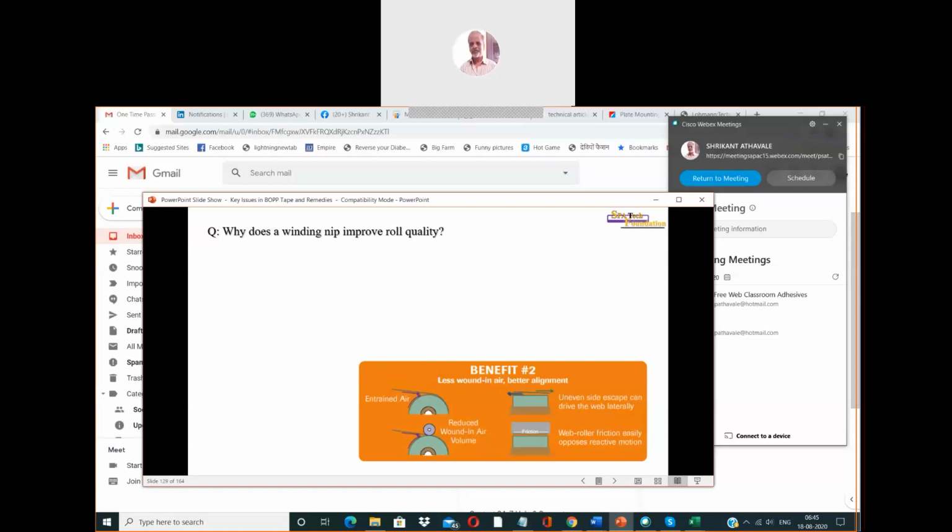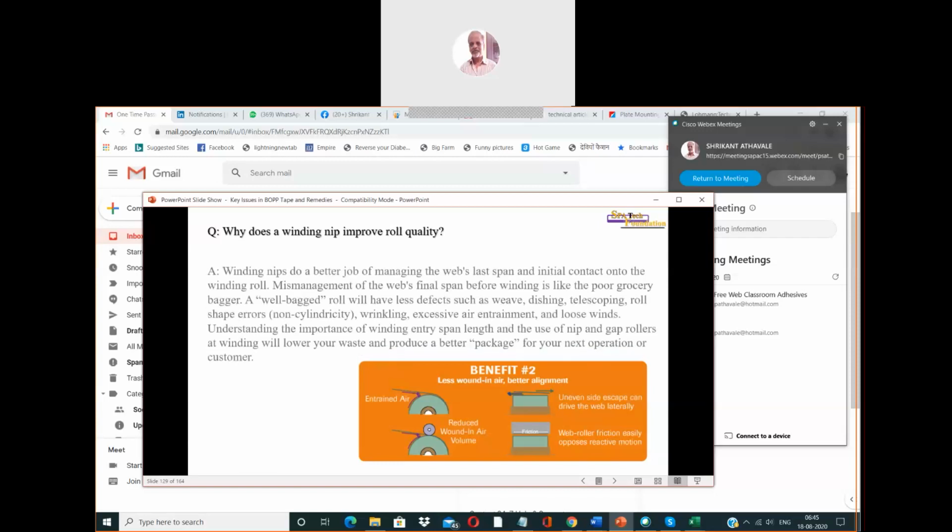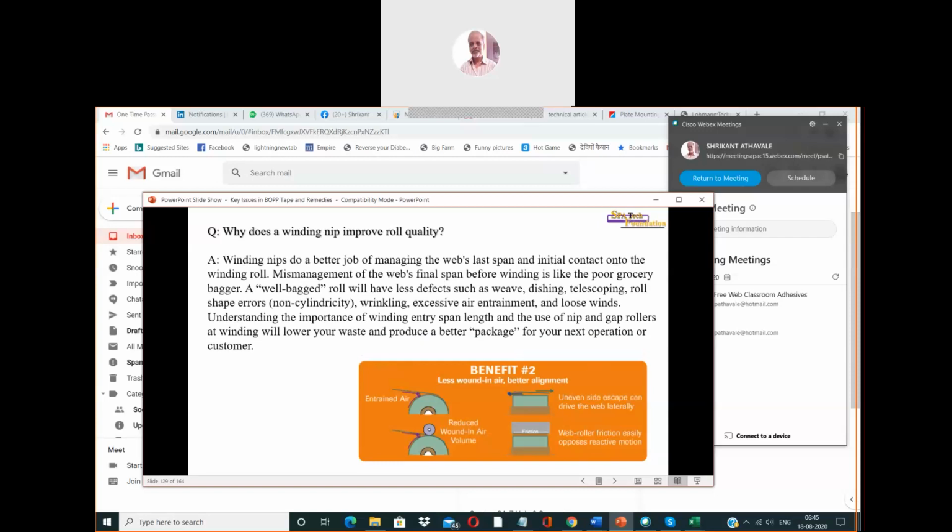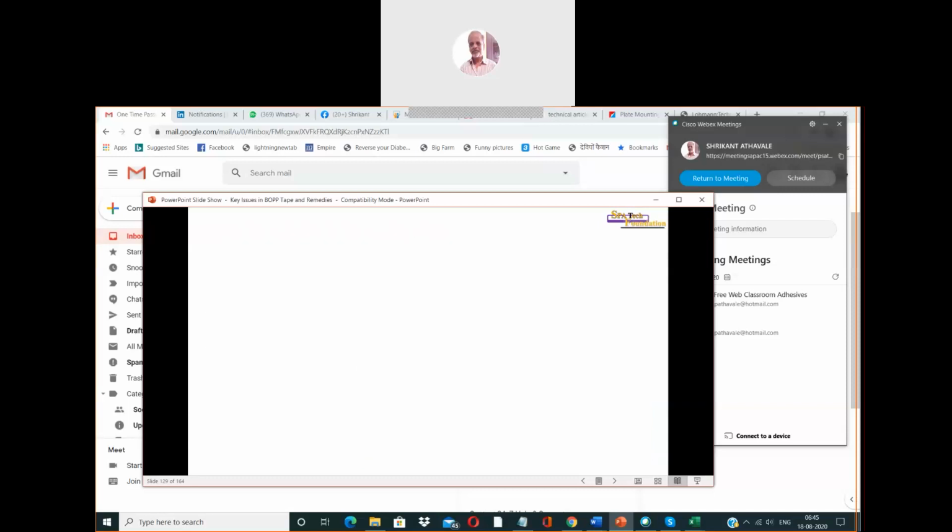In the bottom picture, you can see web roll friction easily opposes reactive motion. Winding nips do a better job of managing the web's last span and initial contact onto the winding roll. Mismanagement of the web's final span before winding is like the poor grocery bagger.